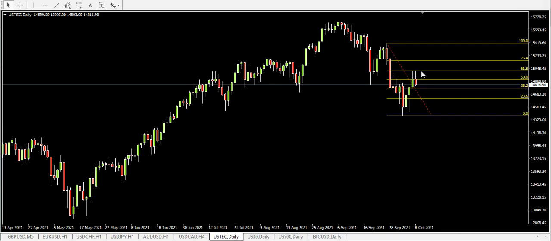Here it hit the 61.8 and immediately started rejecting that level, indicated by this red candle. That looks negative, and it shows me there's selling pressure forming on the Nasdaq.